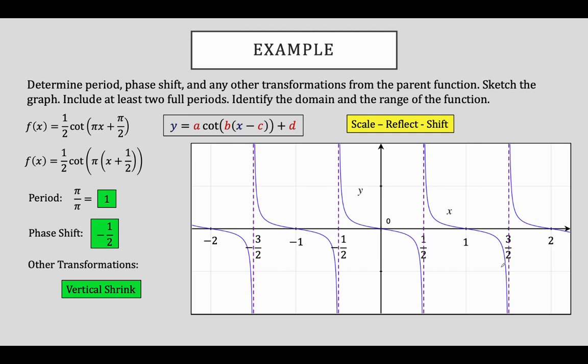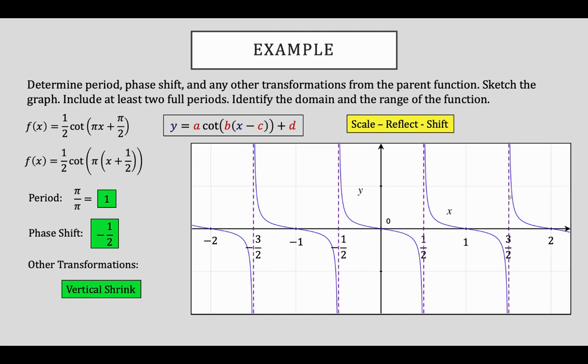Okay, let's now talk about the domain of this function. Our domain, as we said, is going to be all real numbers, comma, except x cannot equal, we pick a vertical asymptote. I would pick this one here at x equals 1/2 plus n times how frequently they occur. Well, notice I have a vertical asymptote every 1 unit.